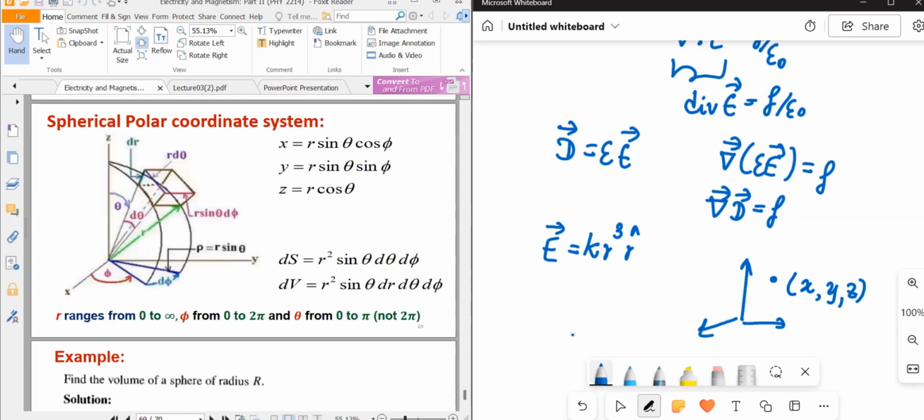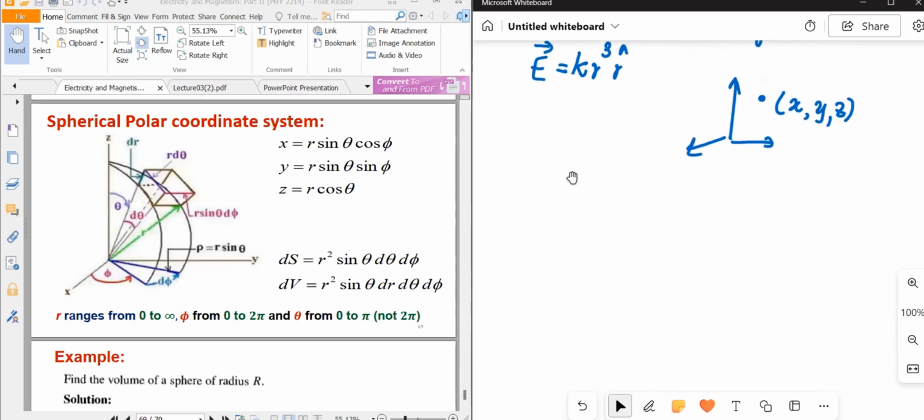In a Cartesian coordinate system, we are considering x, y, and z.